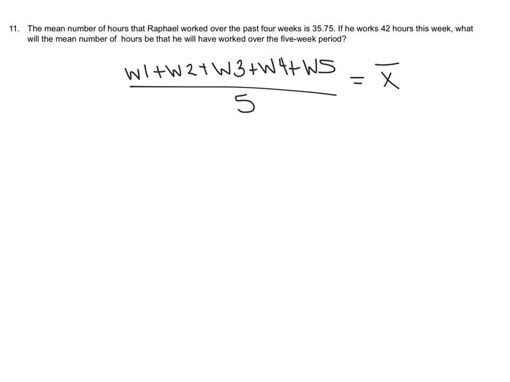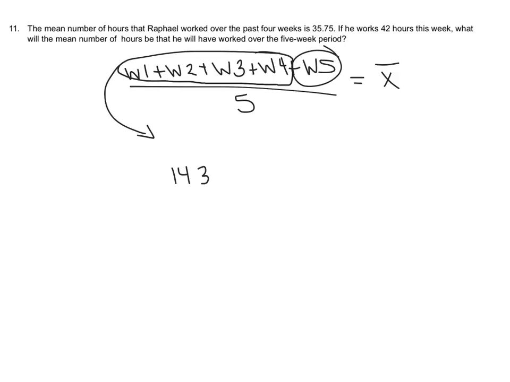So we just found out that week 1 plus week 2 plus week 3 plus week 4 is 143. So instead of writing W1 plus W2 plus W3 plus W4, I'm just substituting that with the 143. Next, we'll substitute the week 5 for 42. That's given to us in the problem.